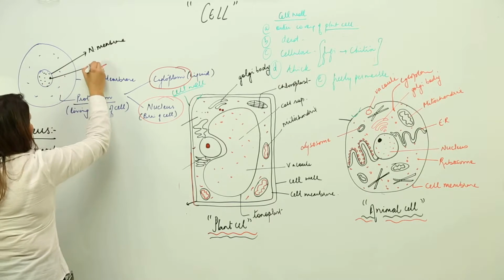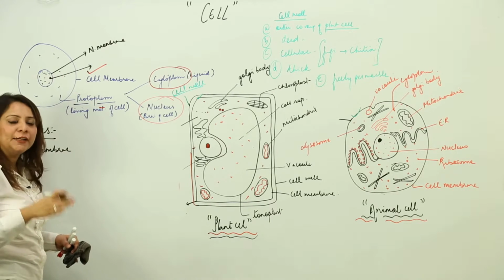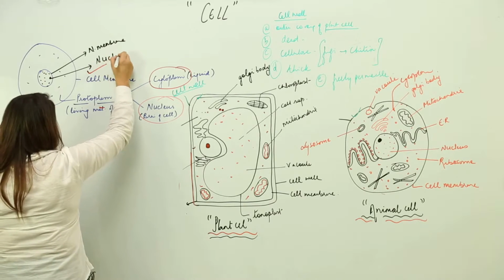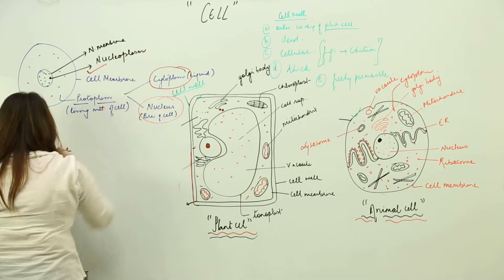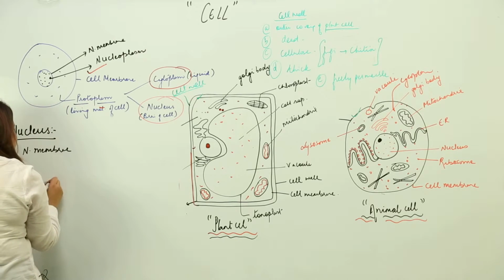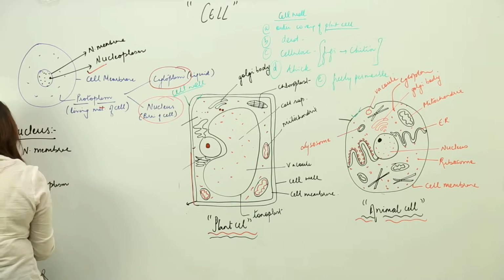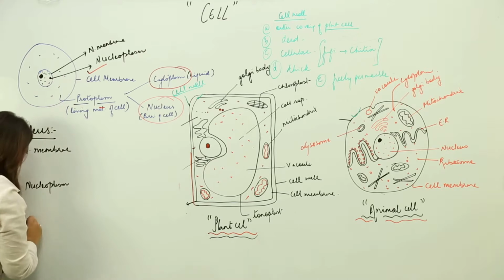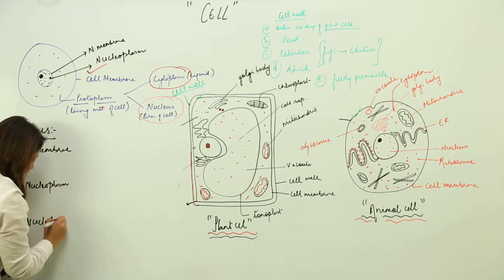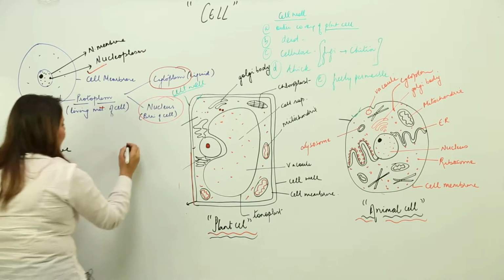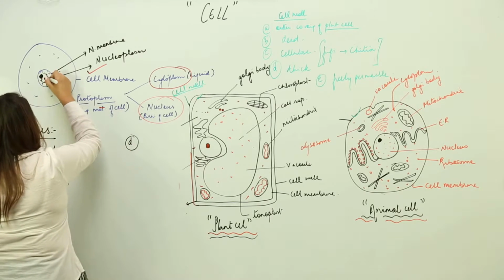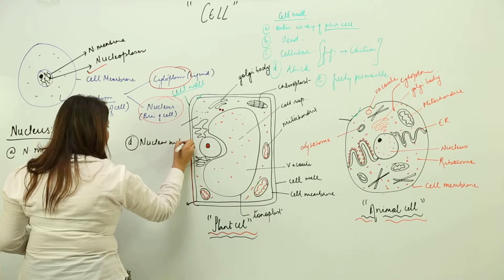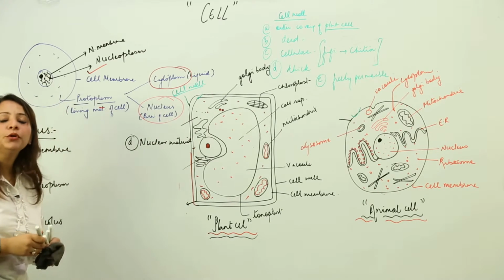It is the cytoplasm of the cell, but the cytoplasm which is enclosed in the nucleus has been given a special name, nucleoplasm. The third thing is a small body present here called the nucleolus, and the leftover thing is the thread-like structure, that is the nuclear material. These are the components of the nucleus.